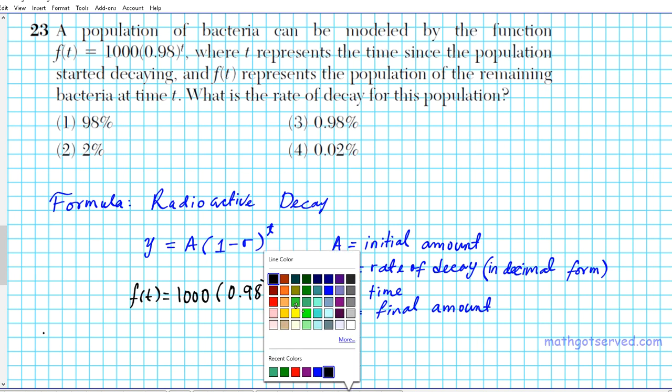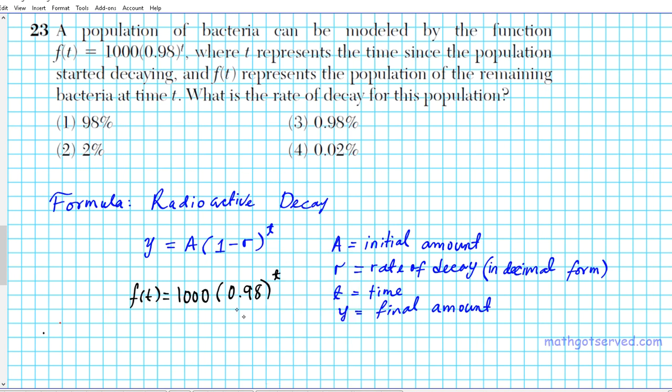If you take a close look, you notice that 1 minus the decay rate is what's raised to the t power. In this particular model we have 0.98. So what's the connection? 0.98 is equivalent to 1 minus the decay rate.